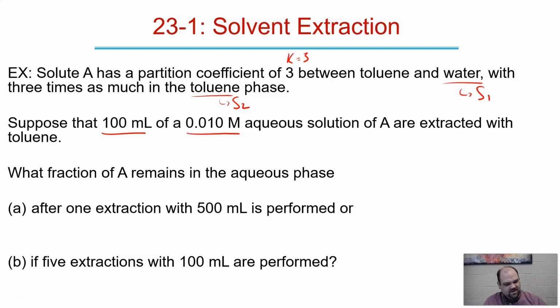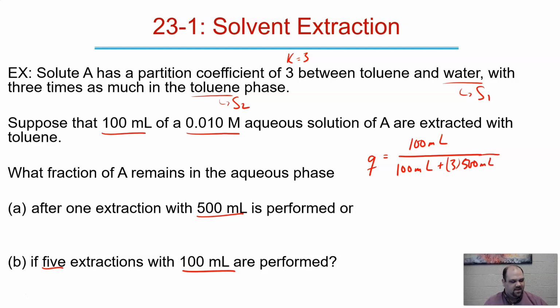And so let's see if we do it as 1 500 ml extraction versus 5 100 ml extractions. So remember, Q is equal to V1, that's 100 milliliters, divided by V1, again, 100 milliliters, plus K, which is 3, times 500 milliliters.